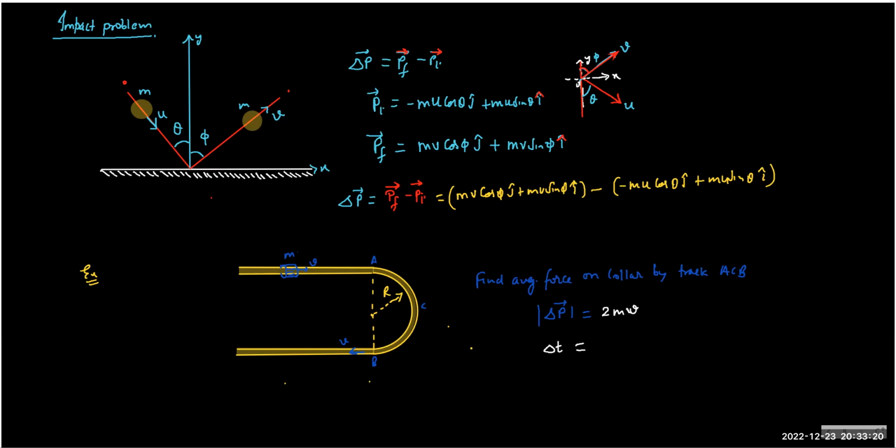Time, distance, speed relation. 2R by V. Time, distance, speed. How difficult is it to see the distance? You go from A to B via which path? You go directly A to B or through the track? Through the track. So how much distance did you travel?